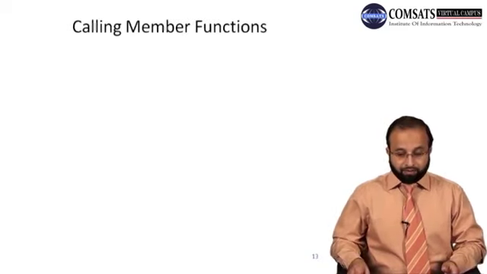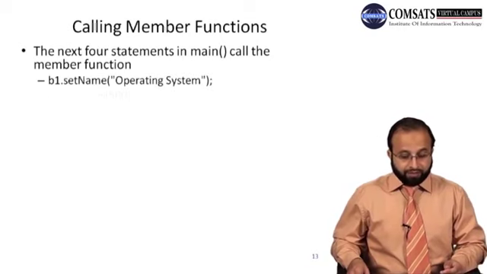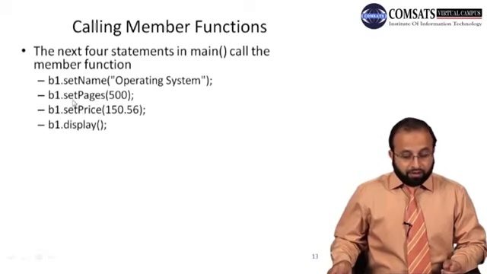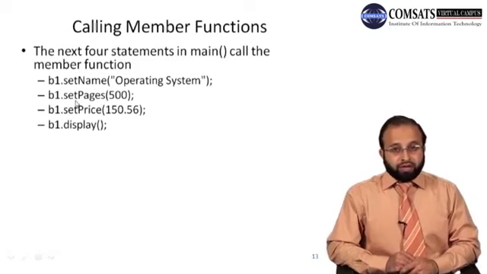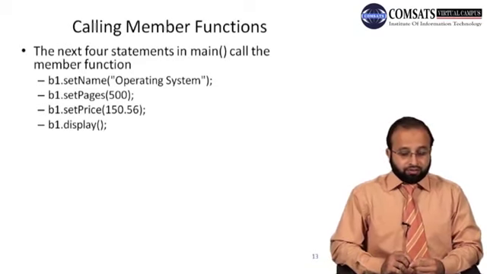Now calling member function. The next 4 statements in the main are calling member functions. We have seen these, that is set name, set pages, set price, and display. So whenever a member function is called with the object, then the private data member of that object can be accessed within that member function.